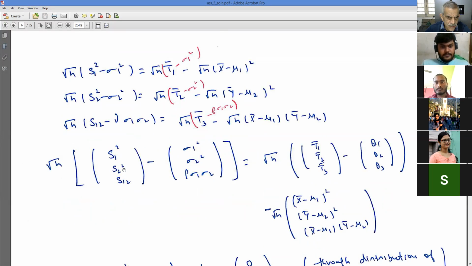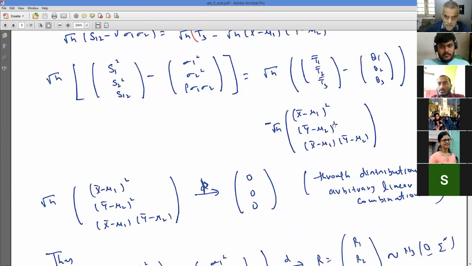Root n times the vector (S1 square minus sigma 1 square, S2 square minus sigma 2 square, S12 minus rho sigma 1 sigma 2) is nothing but root n times (T bar 1, T bar 2, T bar 3) minus theta 1, theta 2, theta 3, minus root n times the second term: (x bar minus mu1) whole square, (y bar minus mu2) whole square, (x bar minus mu1)(y bar minus mu2). Is that okay?